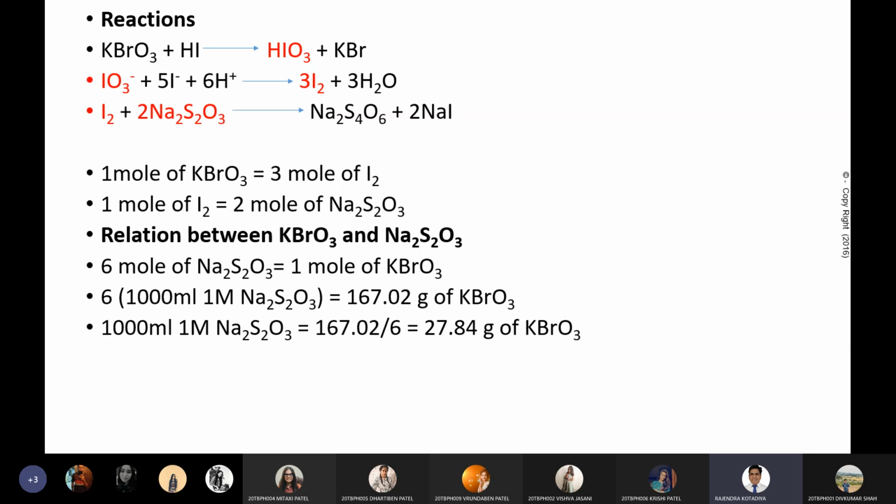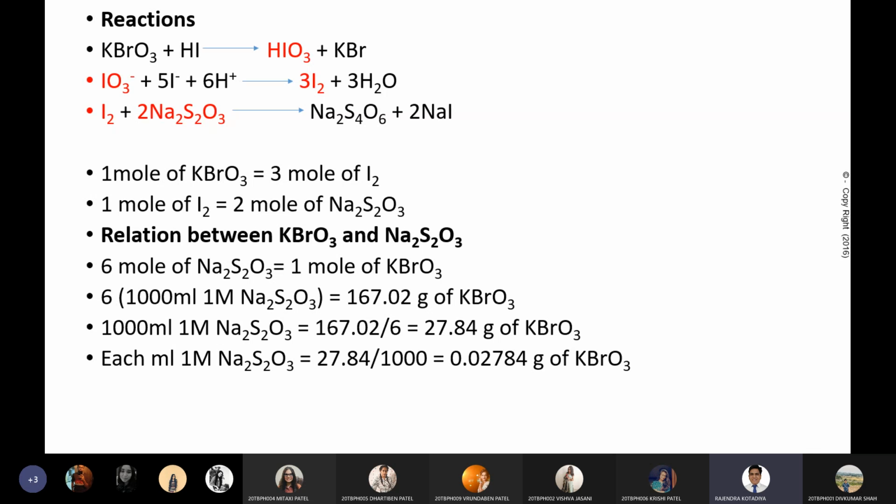Okay, now we'll do like this. We'll move the 6 times from the left hand side to the other side. Simple mathematics. Based on that, for 1000 ml it was this, now for 1 ml, 1 molar sodium thiosulphate is equivalent to 0.02784 gram of KBrO3.